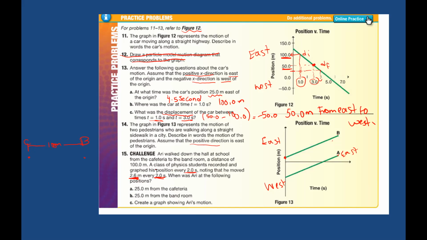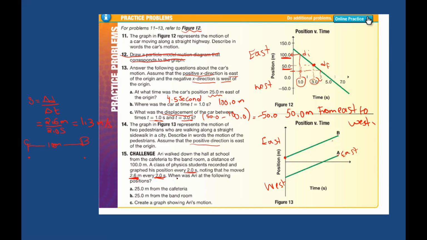He was moving at a constant speed, just like the buggy car. So the speed is equal to delta D over delta T. He covered 2.6 meters for every 2.0 seconds. This means that he covered 1.3 meters for every second. That was his constant speed.